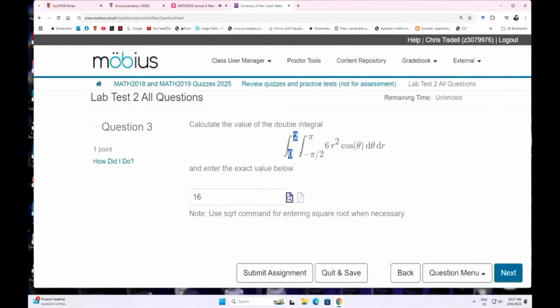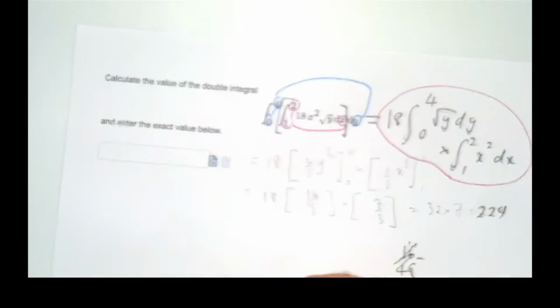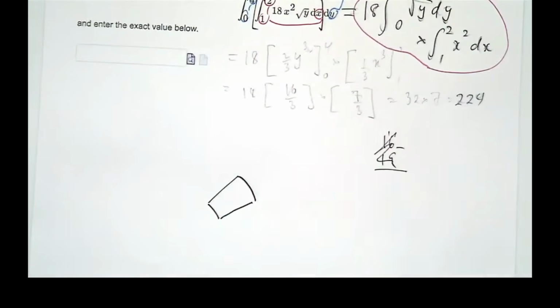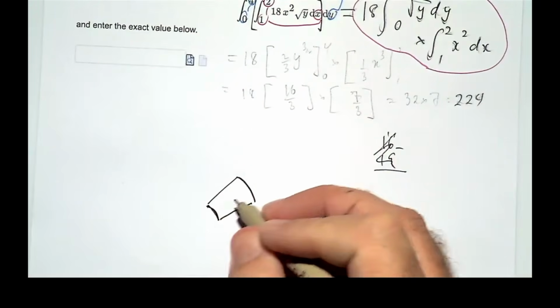So in polar coordinates, this is how you would talk about a rectangle. Not this, but this.